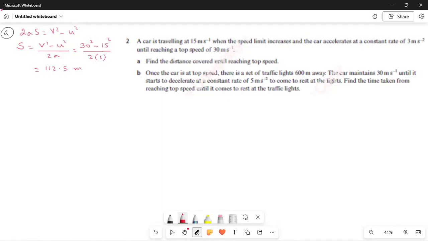So it will take this much distance to accelerate from 15 to 30 at this acceleration. So this was part A.